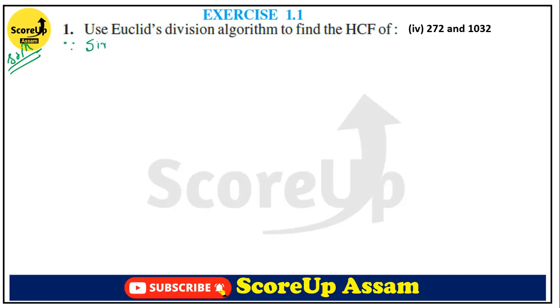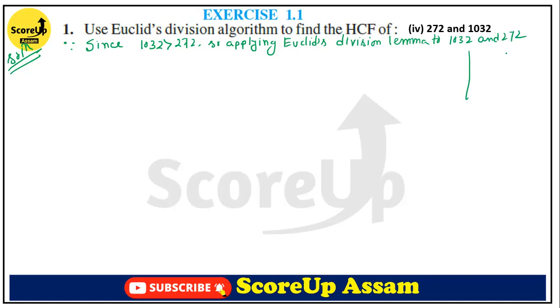Since 1032 is greater than 272, what shall we apply? Applying Euclid's division lemma to 1032 and 272.